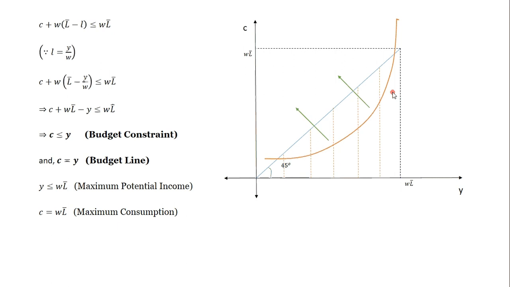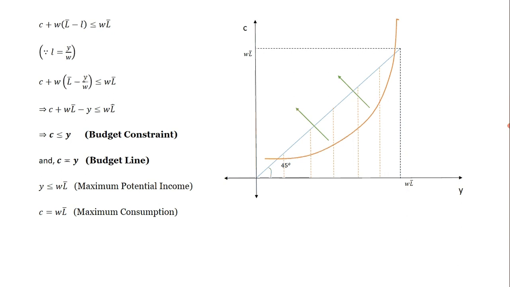or where preferences are increasing. It can be understood this way also, because if you increase Y, that means you have to increase your labor supply. If you want to increase your labor supply, that means you have to reduce your leisure activity. But utility is related with your leisure activity.